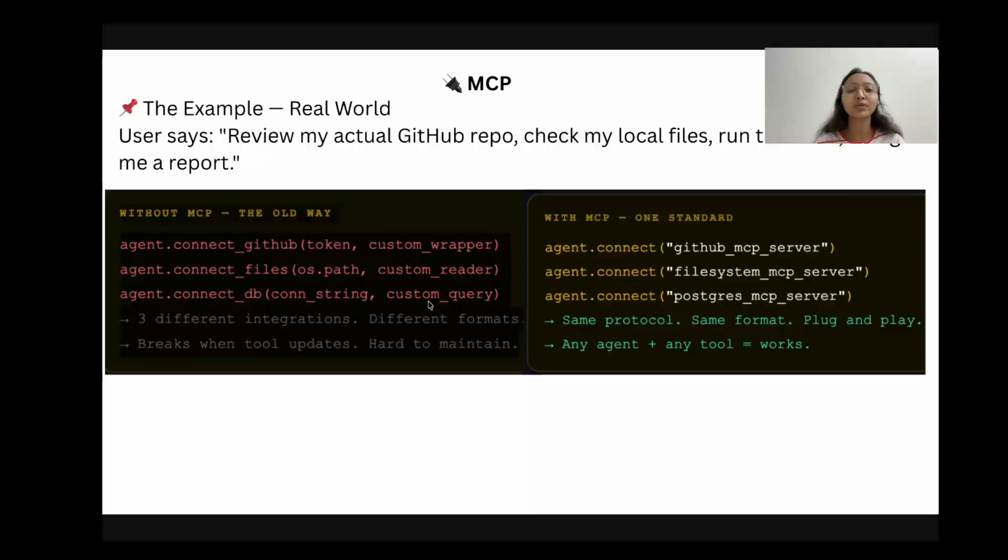Suppose in future we need some modification, then we need to look at each code and rewrite every code. So it is complex when you are managing many kinds of servers. MCP helps us connect with different servers in a standardized format and in the same protocol.